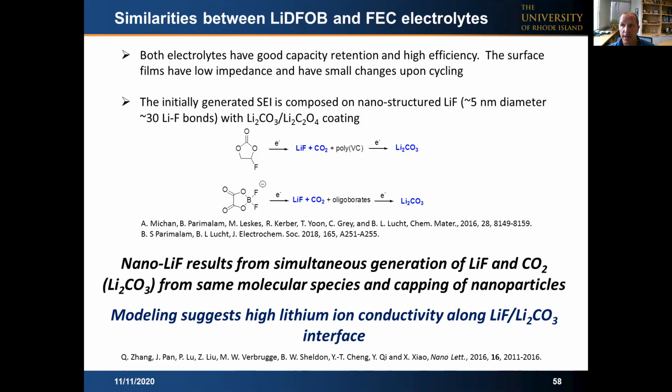There have been some computational investigations which suggest high lithium ion conductivity along the lithium fluoride-lithium carbonate interface. So if you generate a large number of nanostructured lithium fluoride particles, which have high surface area, and surround these with a lot of lithium carbonate, you'd expect high lithium ion conduction along all these interfaces between the lithium fluoride and the lithium carbonate.